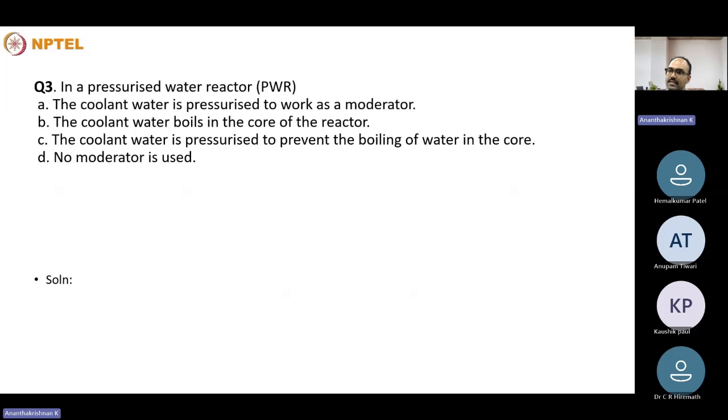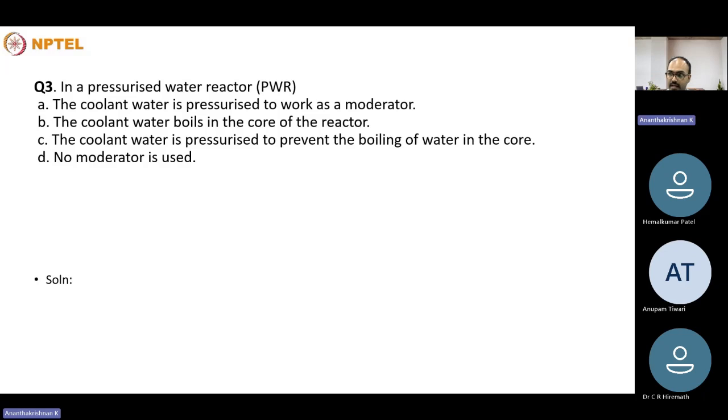So this is slightly tricky compared to the previous problems. So before actually attending this problem, I'll give a brief background regarding the water reactors available. One is pressurized water reactor, and the second one is boiling water reactor.